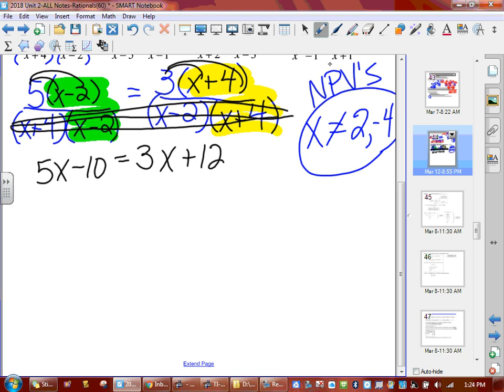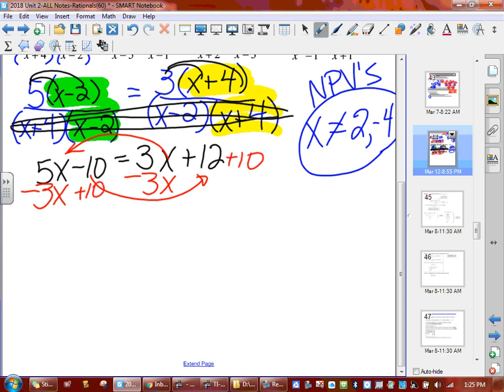Okay? So from there, we're going to move the x to the left. Minus 3x. Minus 3x. There's no x squareds anywhere. So we're taking the constants to one side and the variables to the other side. So the negative 10 is going to become a positive 10 and hang out with the 12.